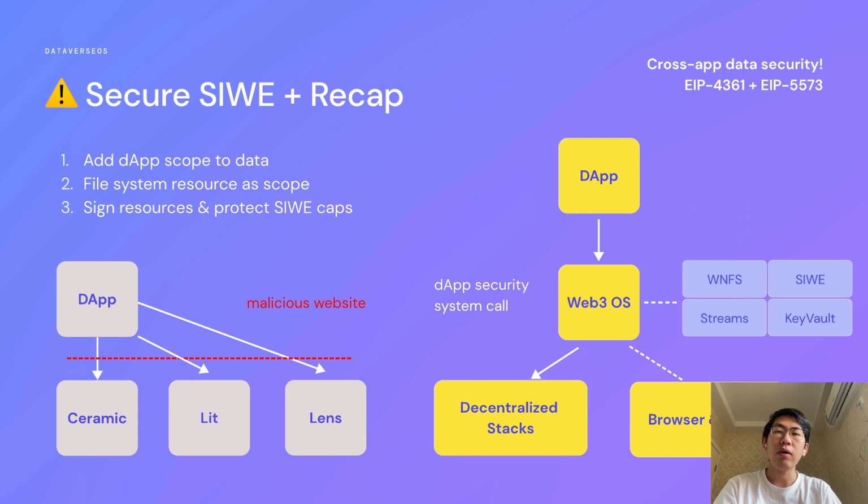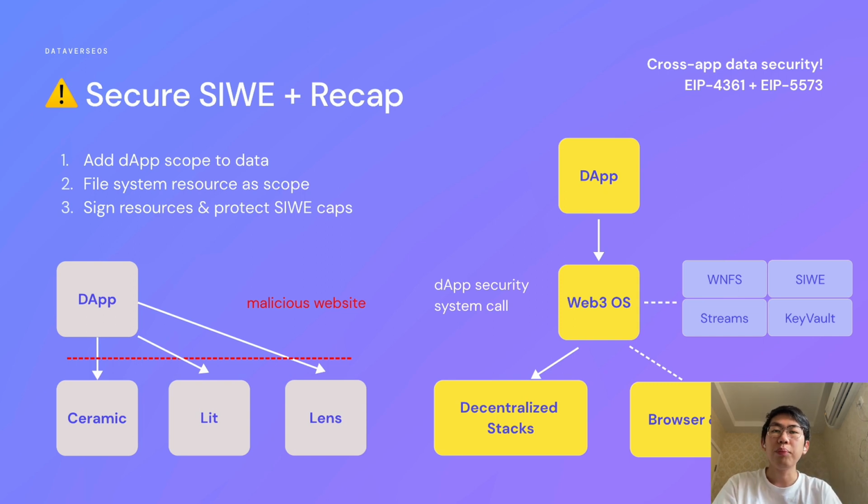Lastly, Dataverse OS ensures that applications can only request Sign-In with Ethereum signatures that only include valid resources, and cross-application requests will be denied. So in summary, we protect the data security by building this signature-to-resources mechanism and keep the signatures safe.